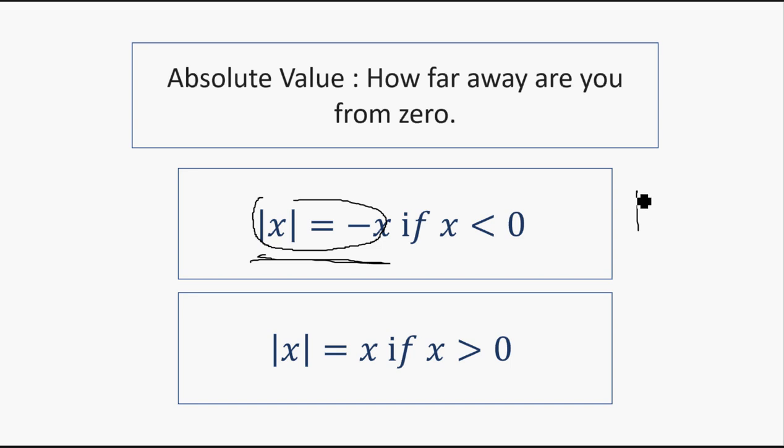For example, just now I told you modulus of -3 will be 3, modulus of -1.7 will be 1.7, and modulus of 1.7 will be 1.7. So the sign of the number does not count when we are talking about absolute value. Only the magnitude is important, right?